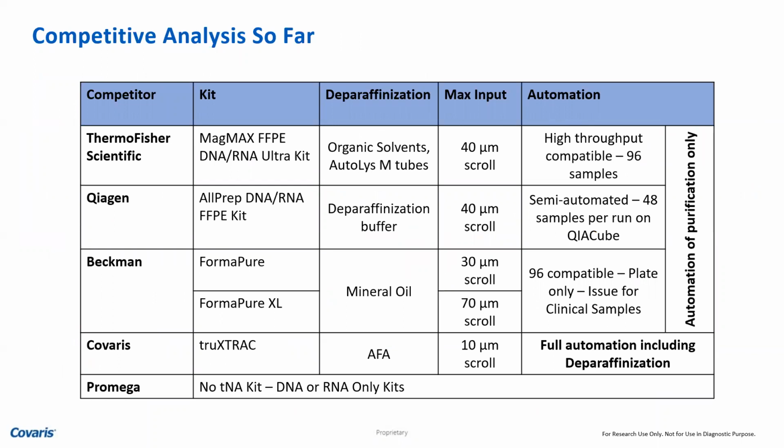The efficiency of the system, of the technology. So if you go through the list, just look in this column. Between all the other kits and reagents that are used today for FFPE, the amount of scroll that's needed is significantly higher than what we are asking for. And why is that? Because the yield is not guaranteed.